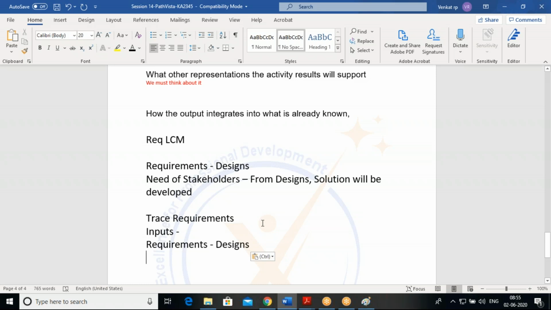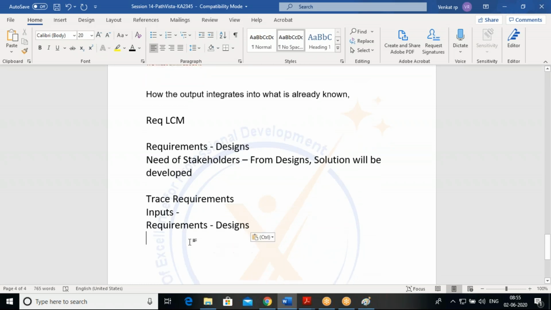Can you identify what the requirements and what the designs are here? Can anyone give some inputs? What are the requirements and designs we are going to take for tracing the requirements? Anyone?